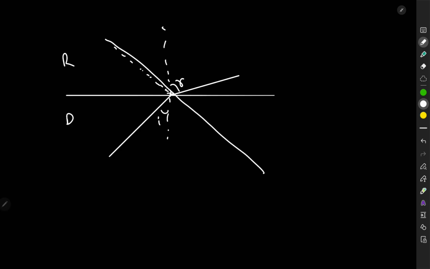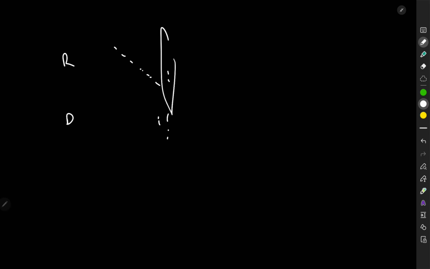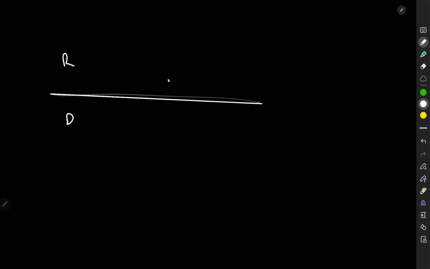Let me draw it clearly. This is a medium barrier. Let me draw the normal first, and let me draw the ray. Fine. If it was undeviated, it will go like this, right?